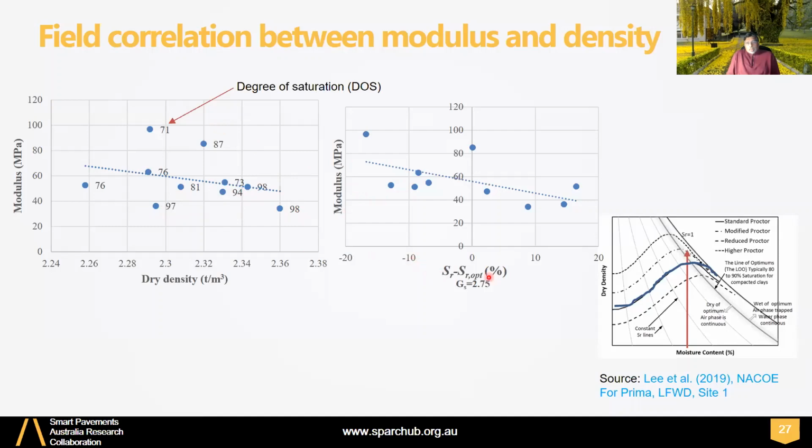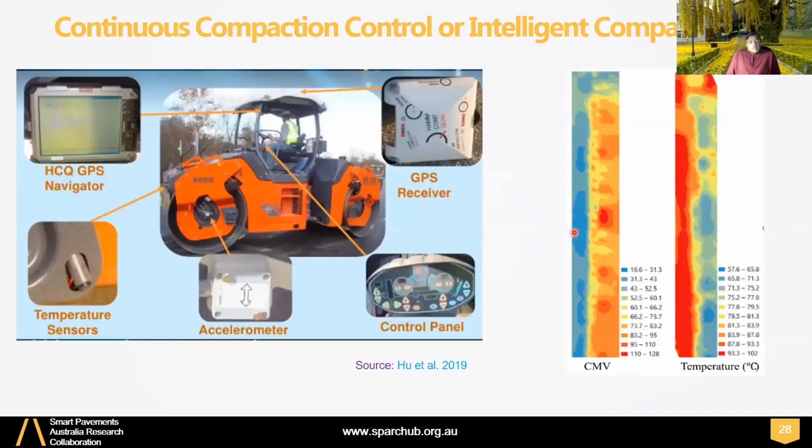Modulus against SR minus SR opt, you get a genuinely negative correlation, right? Because we expect that as this position is passed, values will drop. So there's another way of compaction control, which is known as continuous compaction control or intelligent compaction.